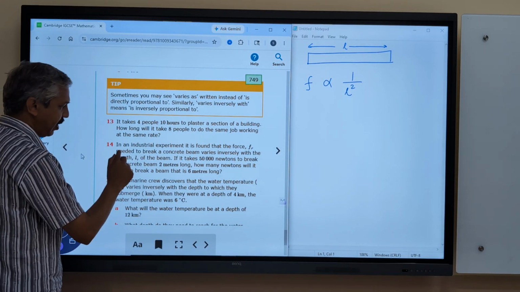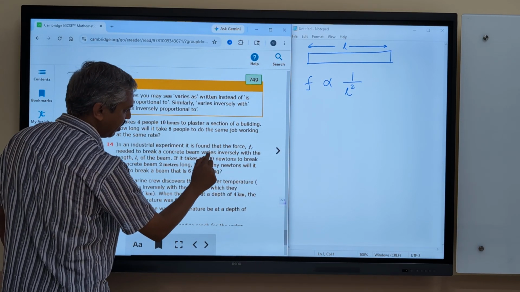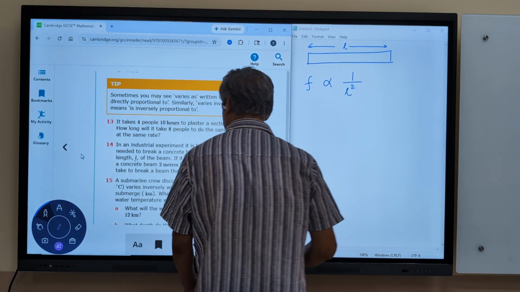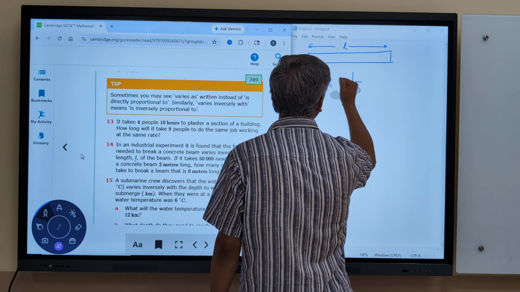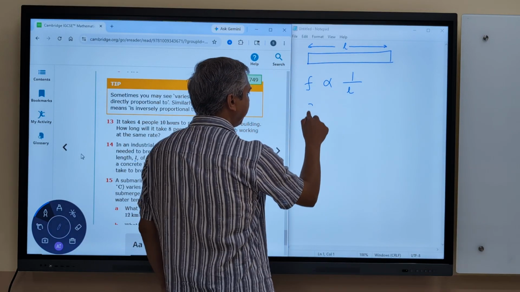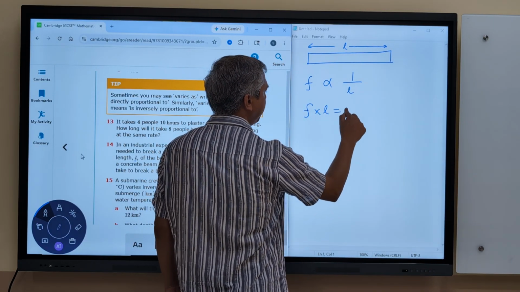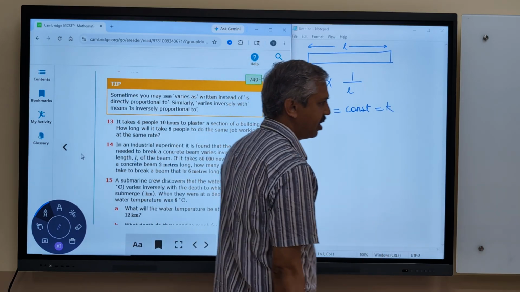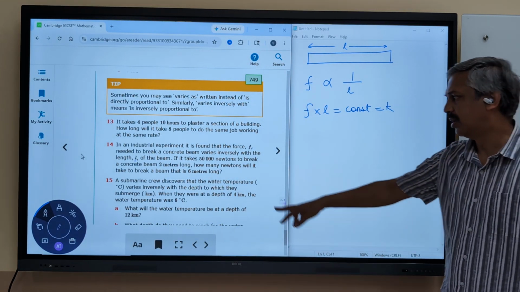The force required to break a concrete beam varies inversely with the length L, not L square. It is varying inversely with the length L. So it means that F into L must be constant, and we'll call it K. F into L is equal to K.